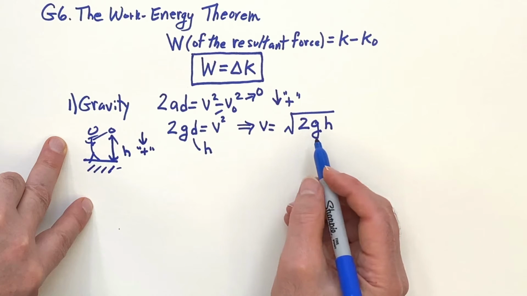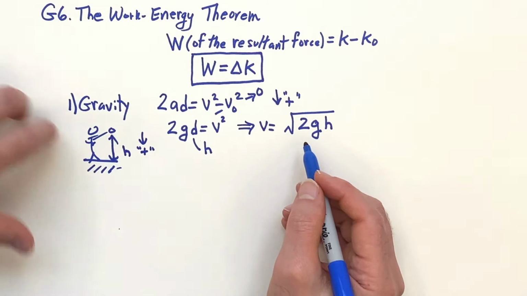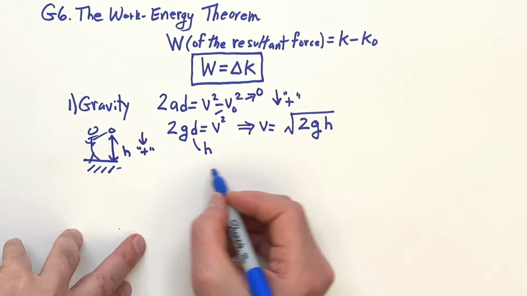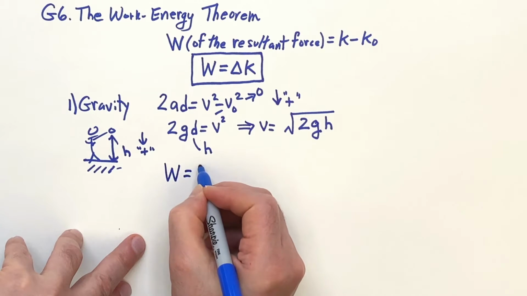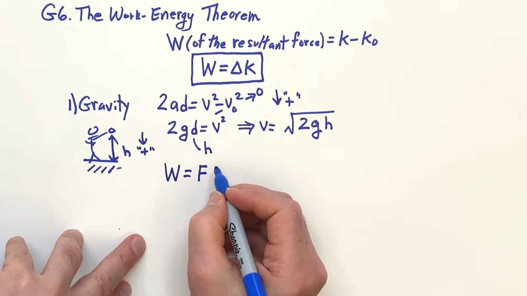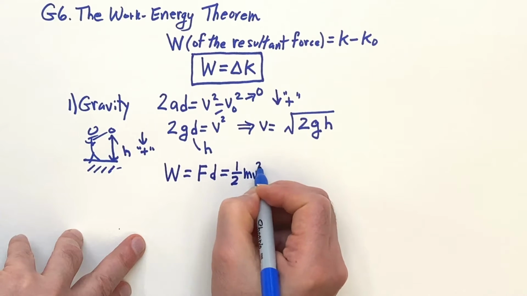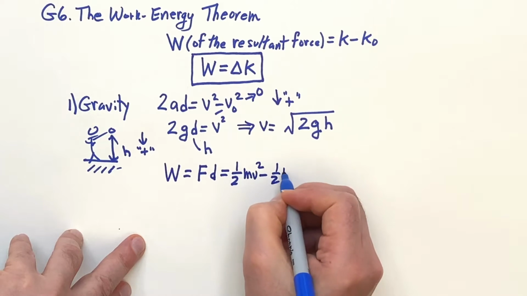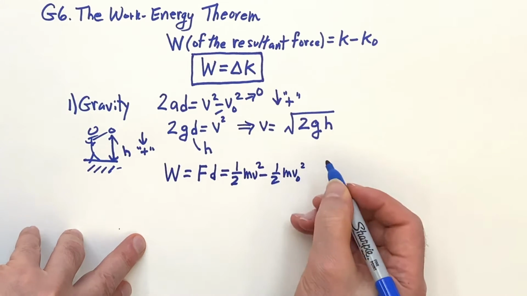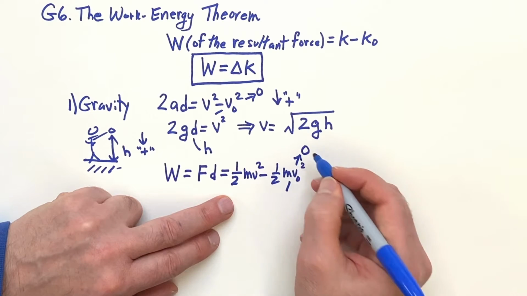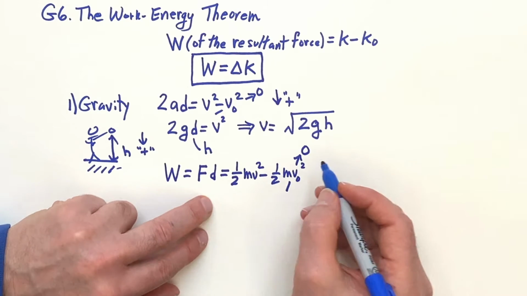That's it. Now, how do you do this problem using the work-energy theorem? Well, the work-energy theorem says, if we write the work down, which is force times d in general, this is equal to 1/2 mv squared minus 1/2 mv naught squared. So here we're dropping from rest, so we don't have any velocity at the beginning.